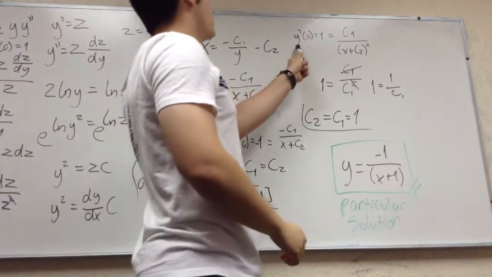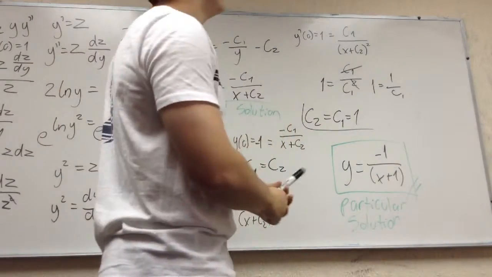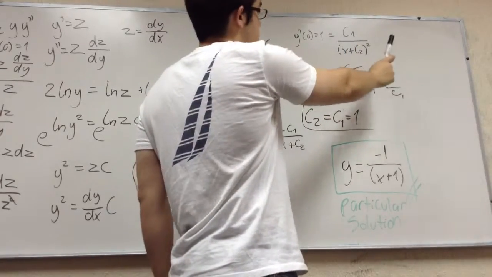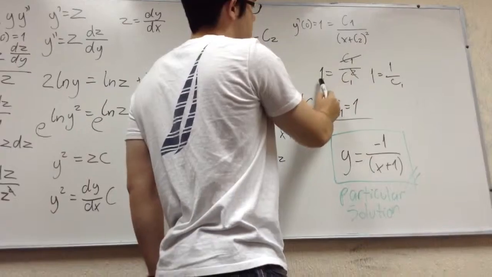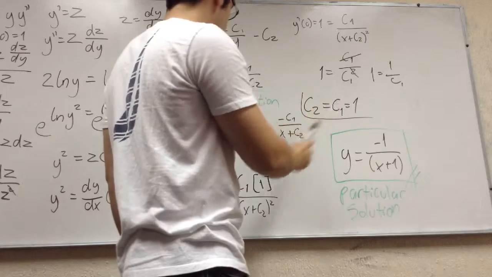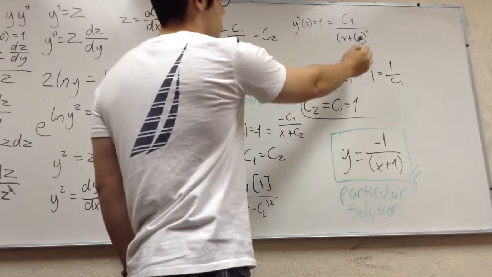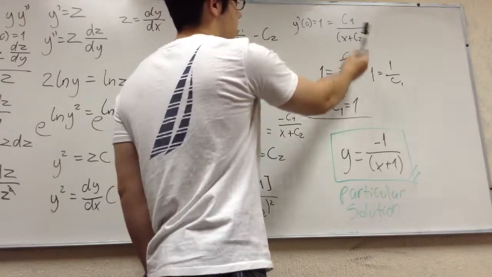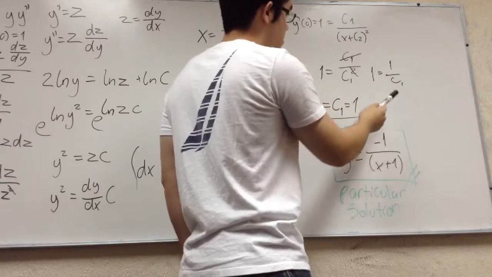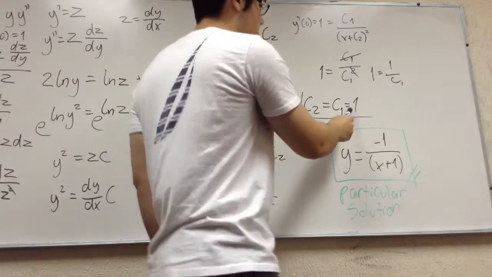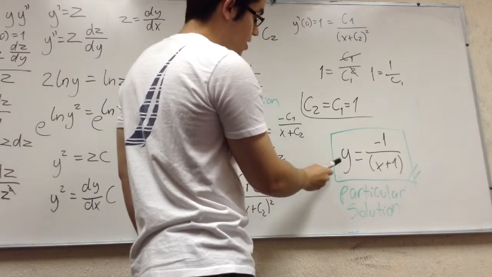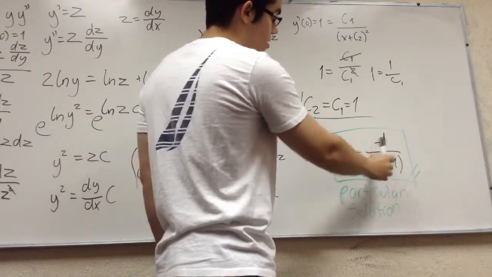So y prime of 0 equals 1, which is equal to c1 over x plus c2 squared. Because x is 0, we have 1 equals c1 over c1 squared, because we know c1 equals c2, so to have the same values, we use the same c1. We know 1 equals 1 over c1, so c1 is 1, the same as the value of c2. And finally we have y equals minus 1 over x plus 1.